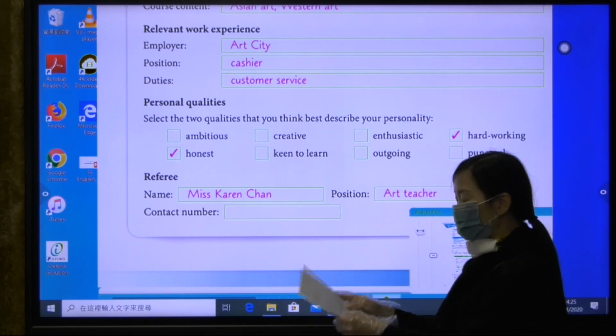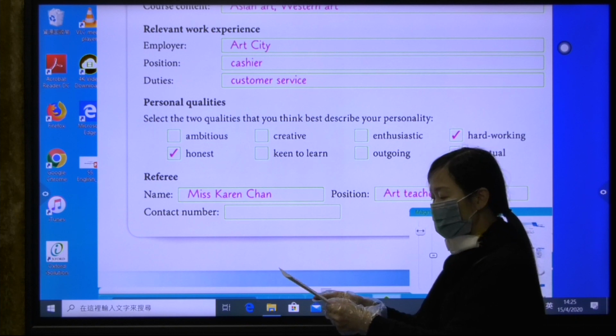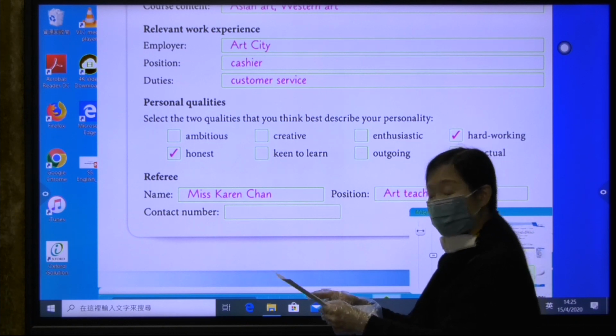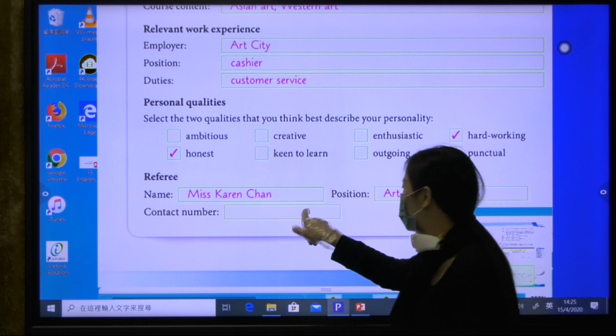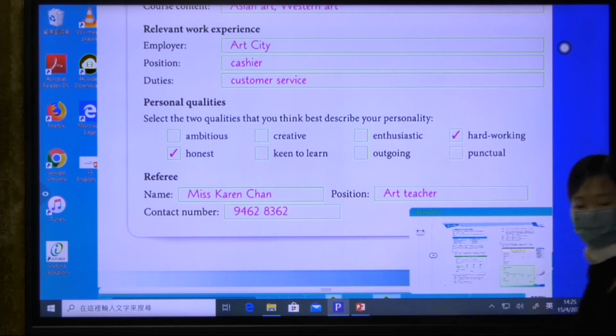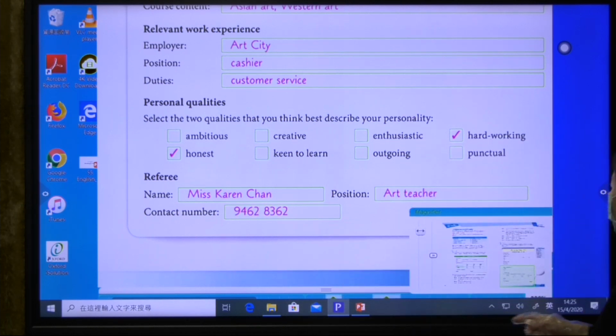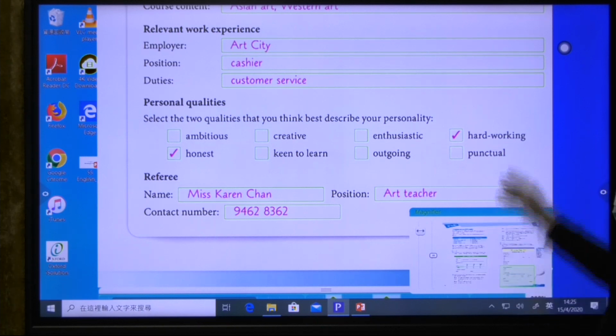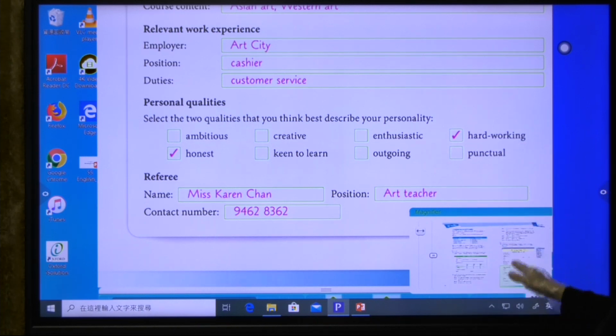Listen again. Write down 94628362. Let me give you some time to tidy up and write down very quickly.